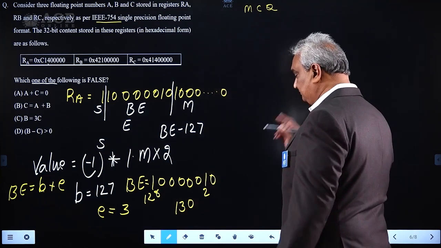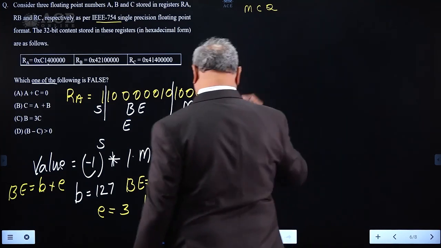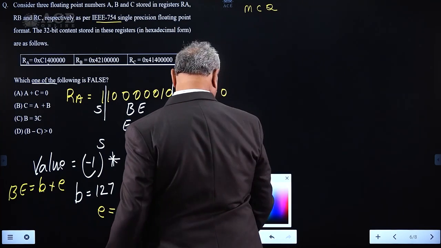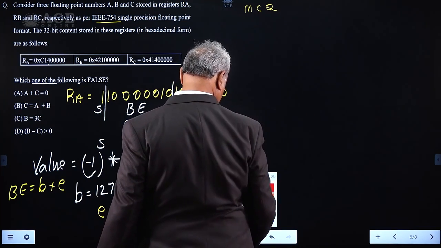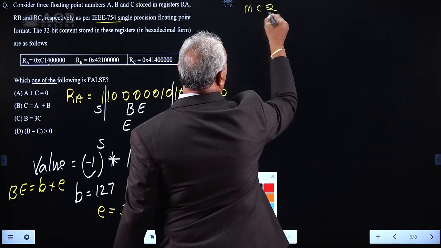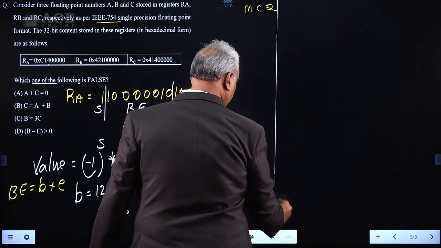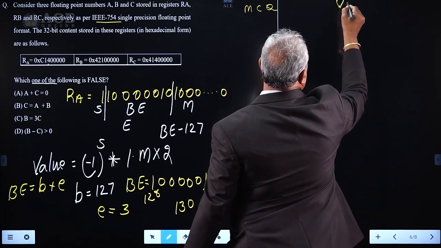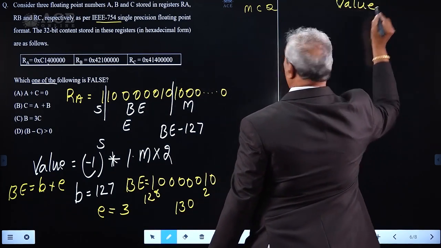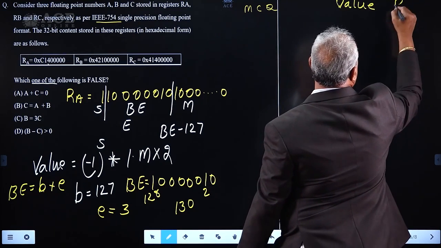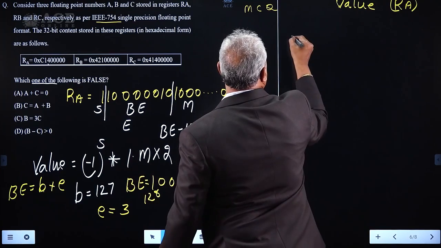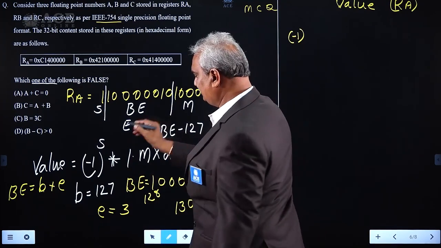Now find the decimal value for the same. The decimal value for RA is like this. Here minus 1 whole power S. What is S here?